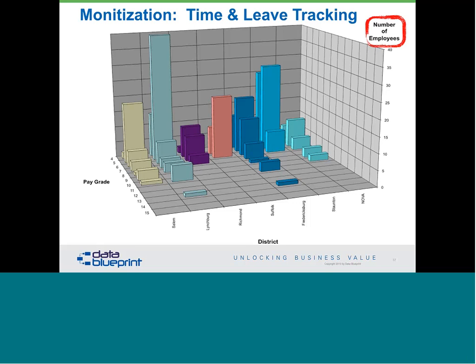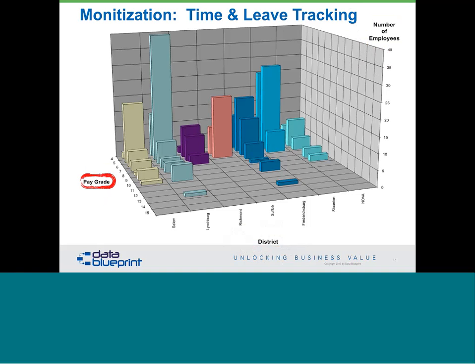Well, we first decided to see what the grades were of the people doing that function. So we looked at the number of employees, which you can see on the y-axis, the actual districts they were in, and the pay grade of those employees involved in it. A natural question might come up, for example, that there were clearly 2 individuals that were grade 13s. Why were grade 13s doing what was clearly mostly done by clerical functions within these organizations?